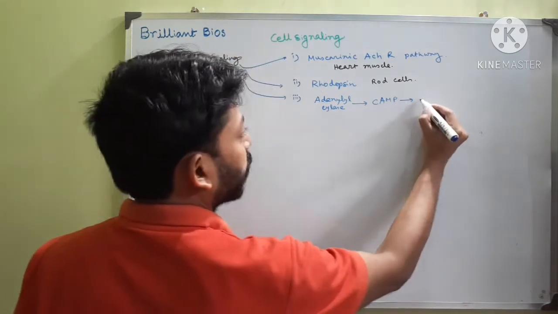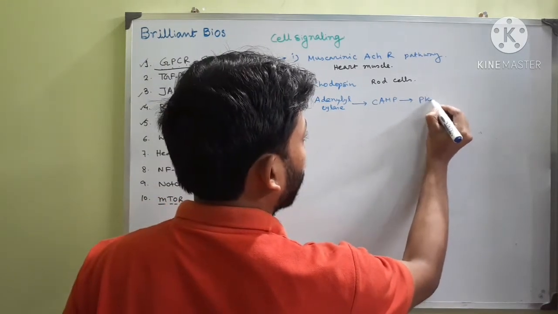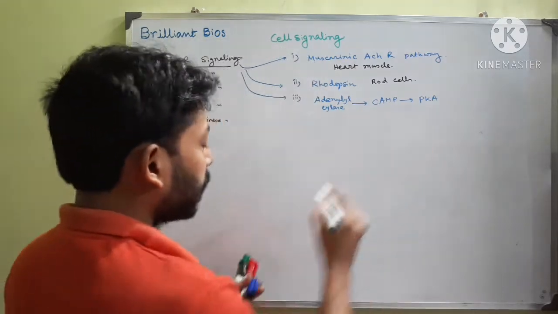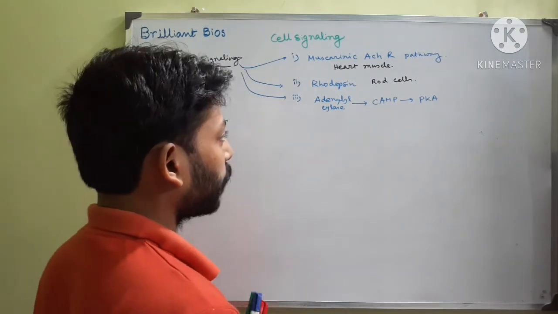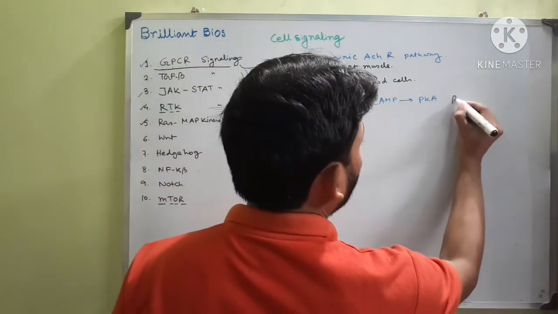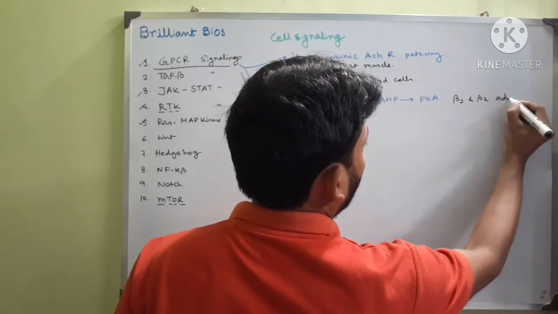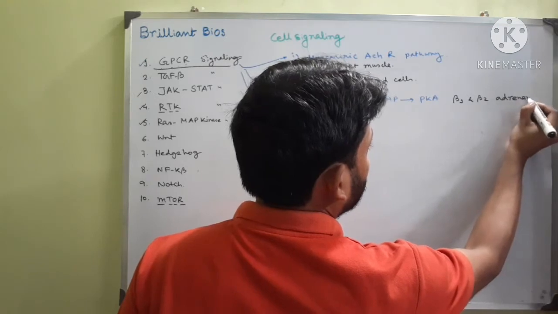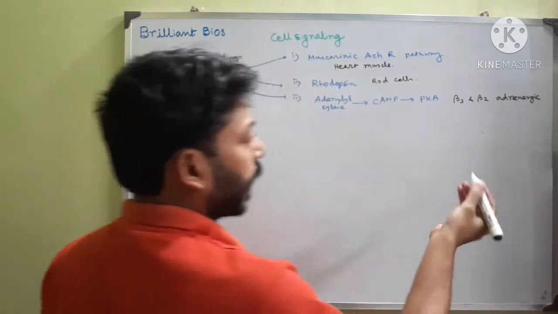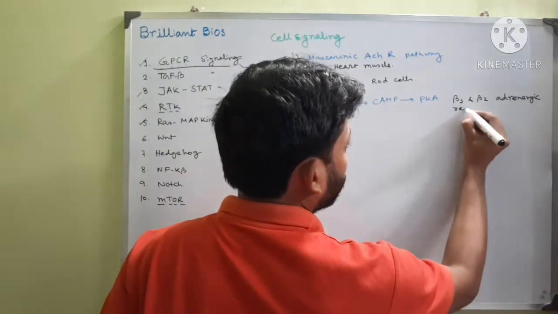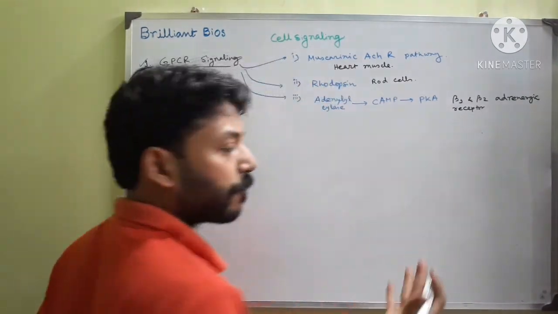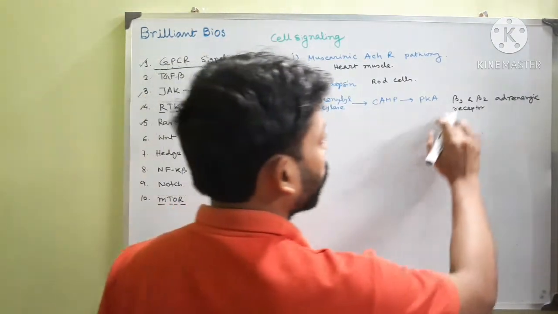This cAMP activates another protein called protein kinase A, and this is actually performed by beta 1 and beta 2 adrenergic receptors, that means epinephrine or norepinephrine receptors, through this pathway.